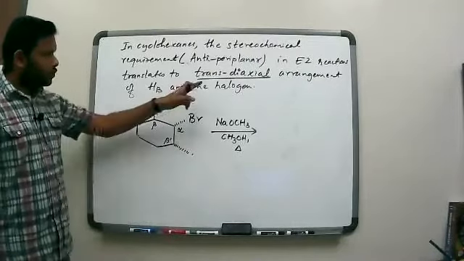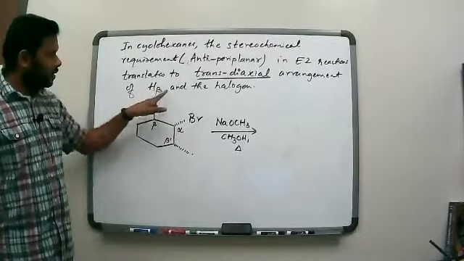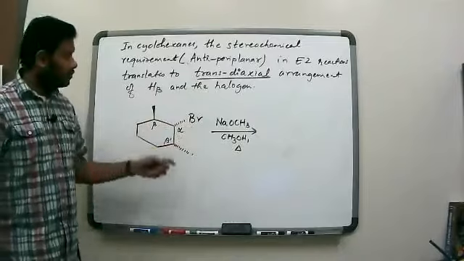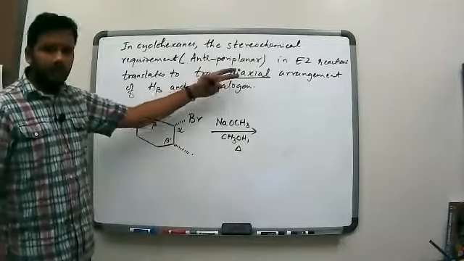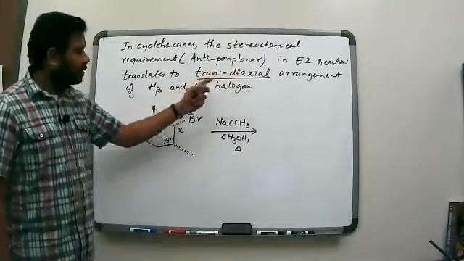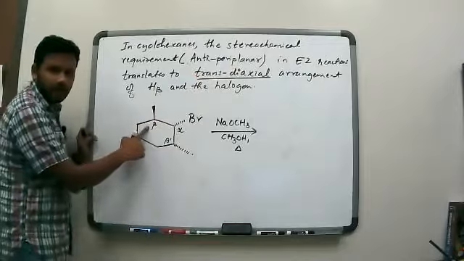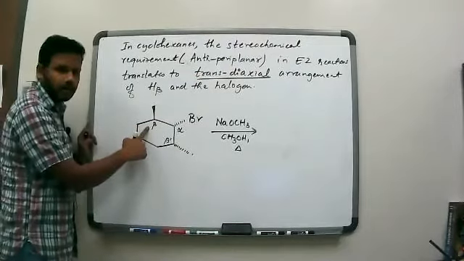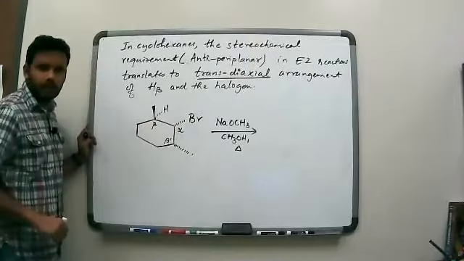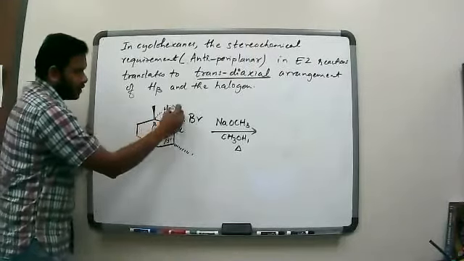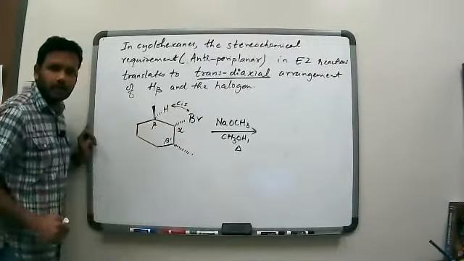Okay. Now the requirement in cyclohexanes is that H beta and the halogen, they have to be trans diaxial. Now they can be diaxial, but the important thing is they must be trans. So if you look at beta carbon, there is a hydrogen here, but that hydrogen is cis to the halogen.